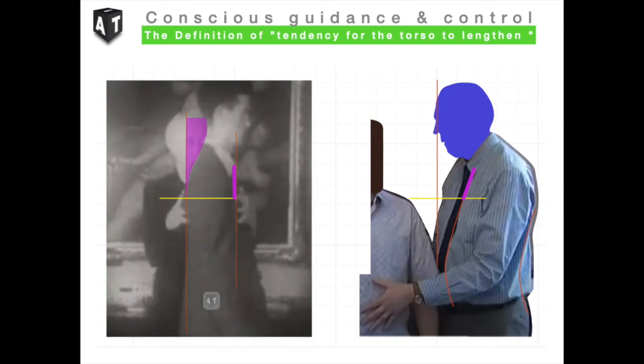It's no offense to say that this person has learned to lengthen the torso, but the concept of lengthening the torso is very different, because we see that the physical part of the psychophysical unity is such that on one side the torso is seen to lengthen, and on the other the torso is clearly seen to shorten.